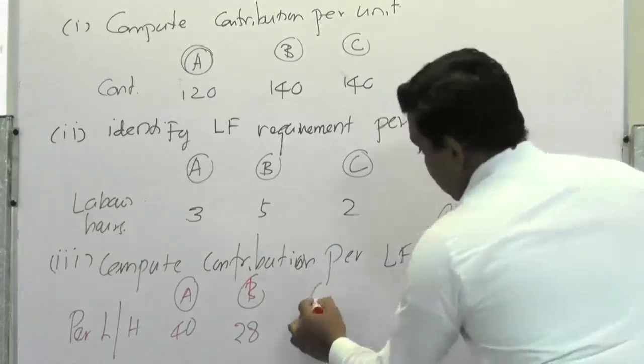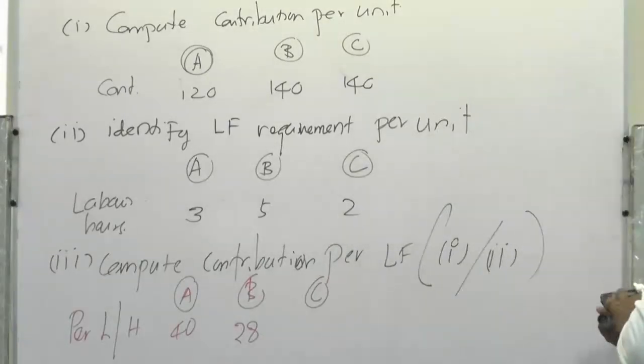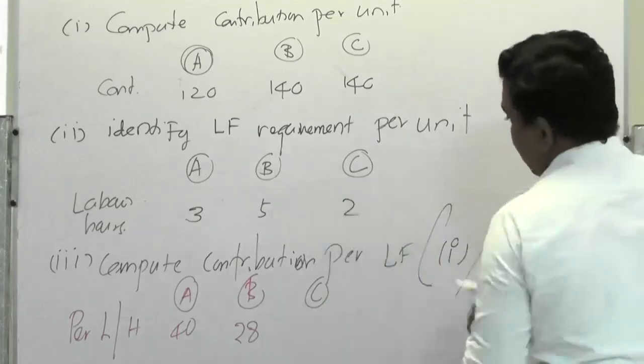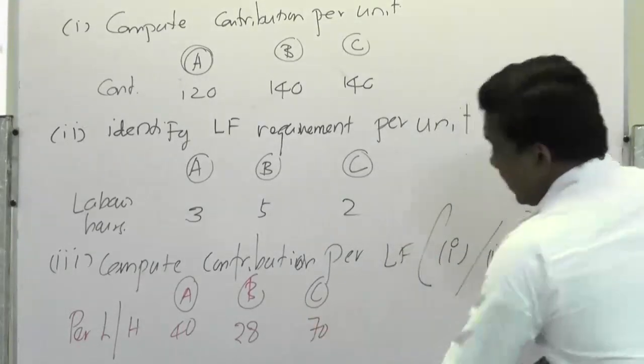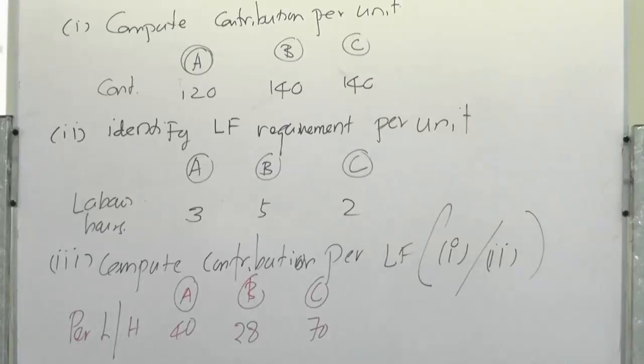Then, in respect of product C, 140 per 1 unit, which takes 2 labor hours, therefore per labor hour it gives you 70 rupees. Now, as a rational investor, you believe I must produce more of the product which gives the highest contribution per labor hour.